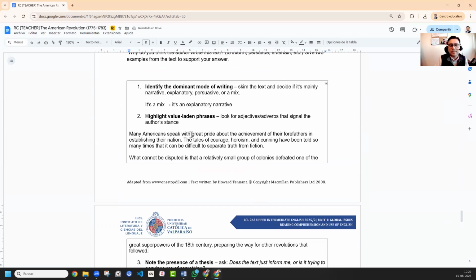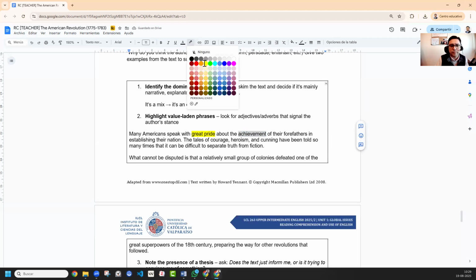So remember that these phrases are value laden because of the language that they use. In this case, we can highlight great pride, achievement, courage, heroism, cunning.